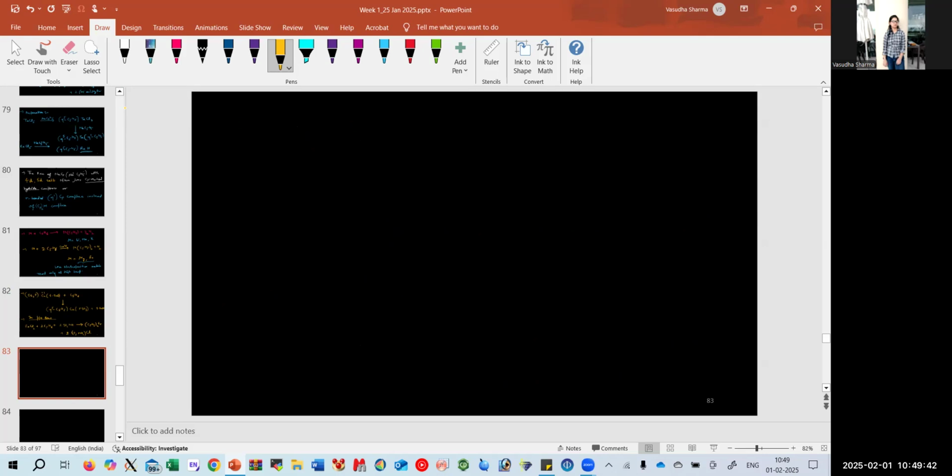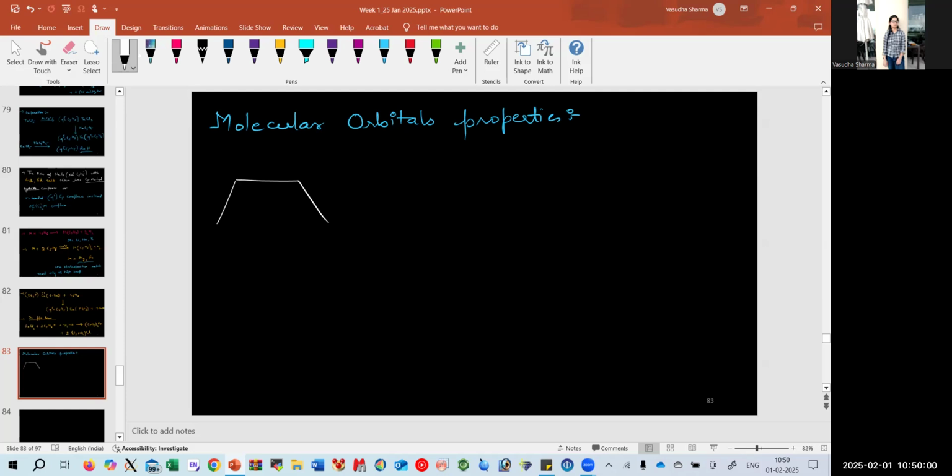Now the next is molecular orbitals. Properties. So here we have a little different meaning. Since 5 atoms are there, 5 molecular orbitals will be there.